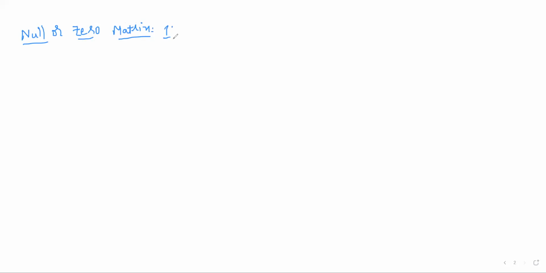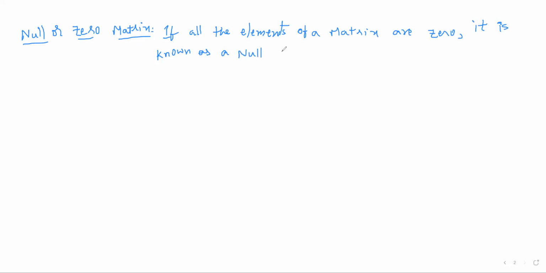So if all the elements of a matrix are zero, it is known as a null matrix or zero matrix.